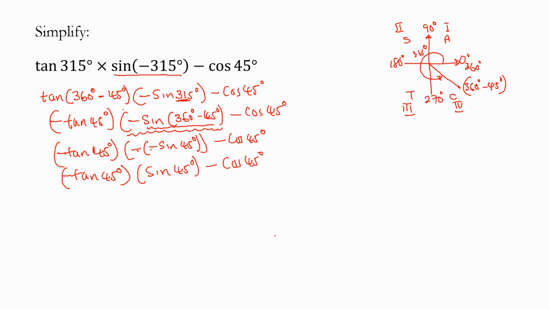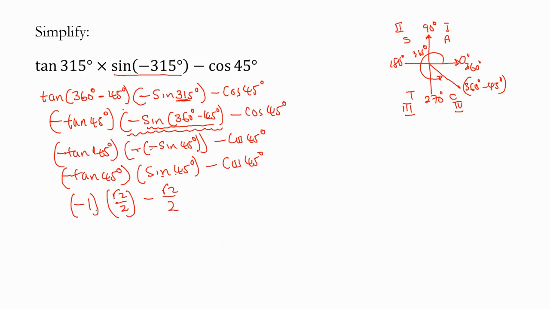Now all our angles are acute angles, which are special angles. And then tan 45, if you check, is 1, so it's negative 1, put it in the bracket. Then sine 45 degrees is root 2 over 2, right? And then minus cos 45 degrees, which is root 2 over 2.